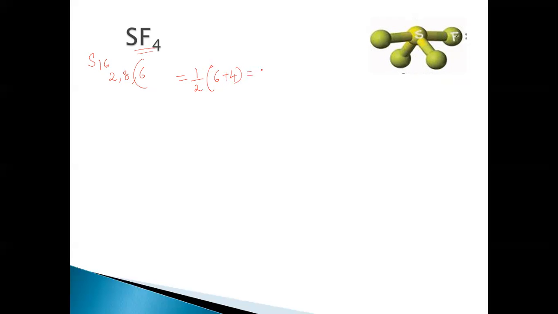So it is nothing but 5 here. Since it is 5, the hybridization will be sp3d2, sp3d, sorry.